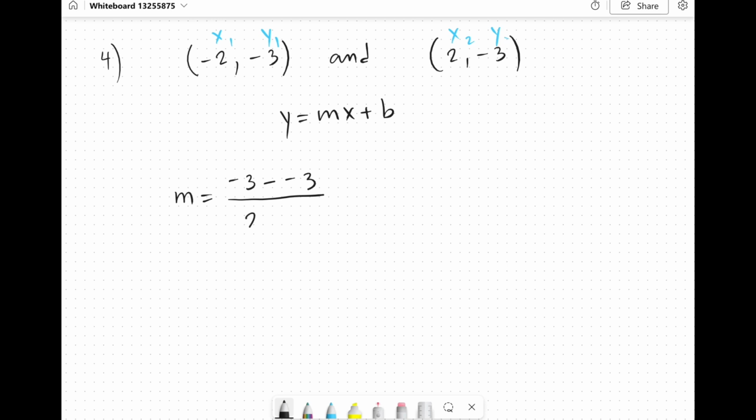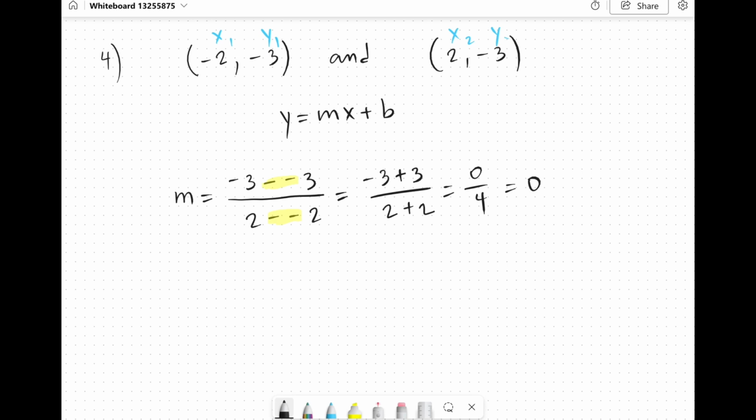On the bottom is 2 minus -2. So both of the double negatives here and here will turn into pluses. -3 plus 3 over 2 plus 2. So that is 0 over 4, which is 0. Now the slope is 0.